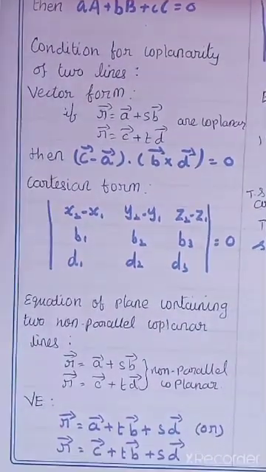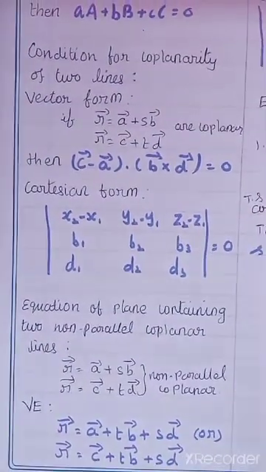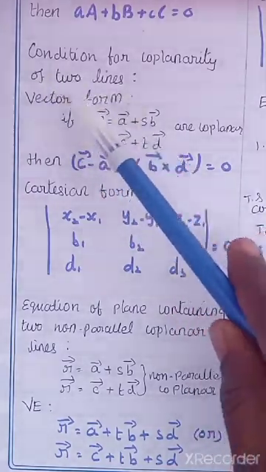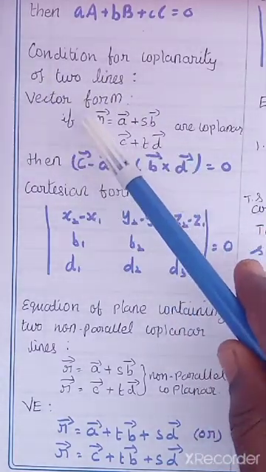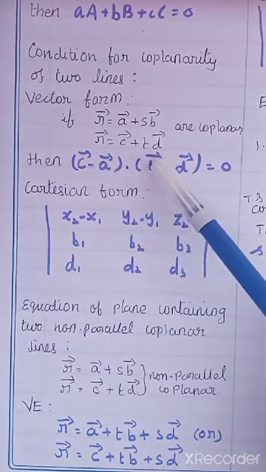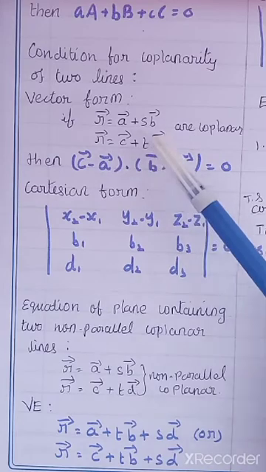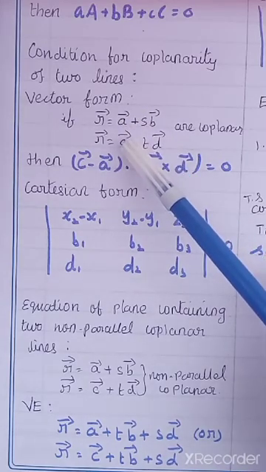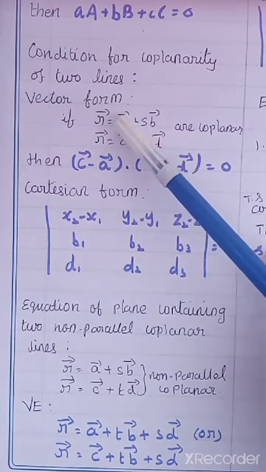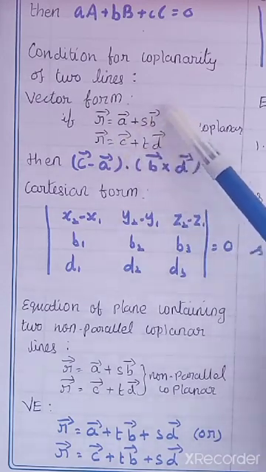Next, the condition for coplanarity of 2 lines. Here we are taking 2 lines. What are the 2 lines? r equal to a plus s b vector, r equal to c plus t d vector. So what are your a and c? Points. And b and d are vectors. So first it is always a point, second will be a vector, correct?